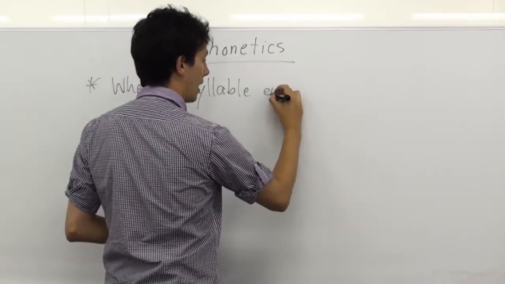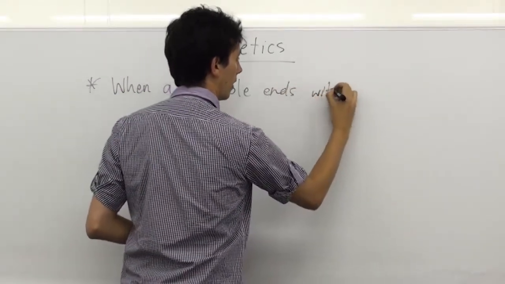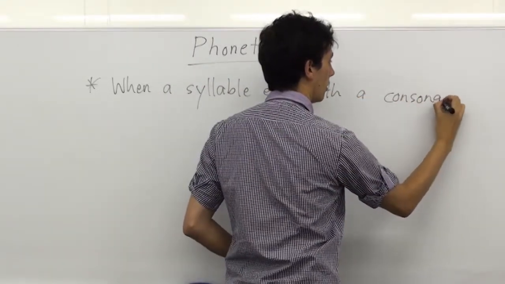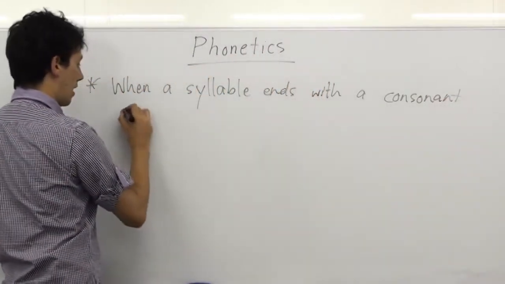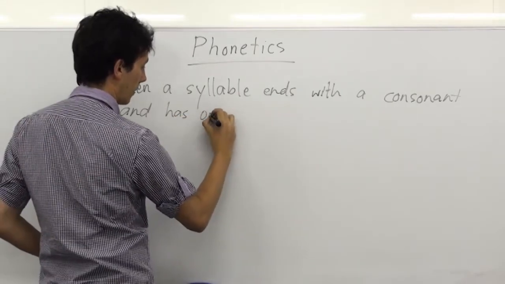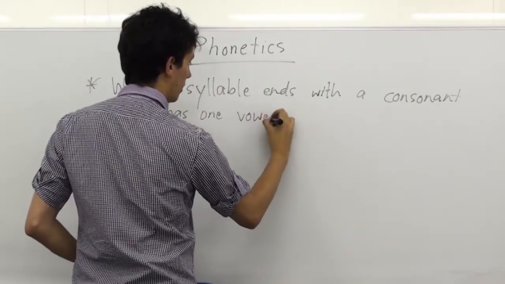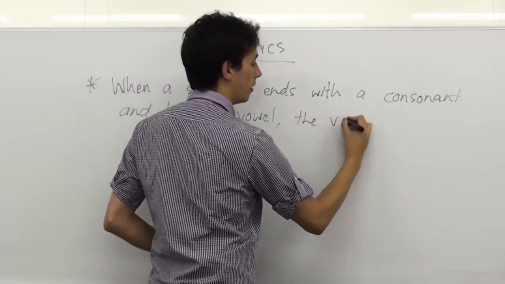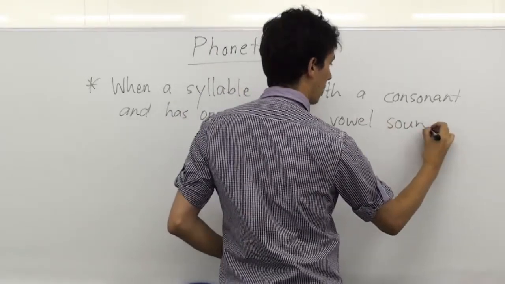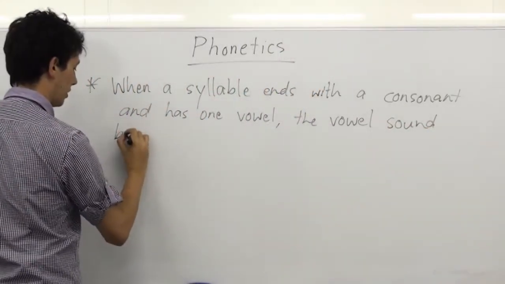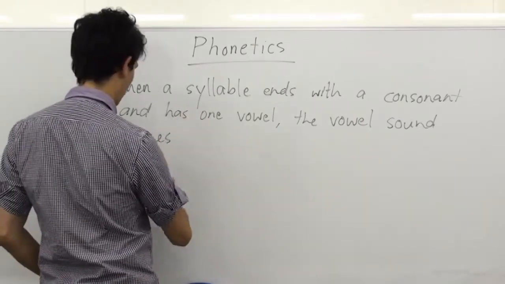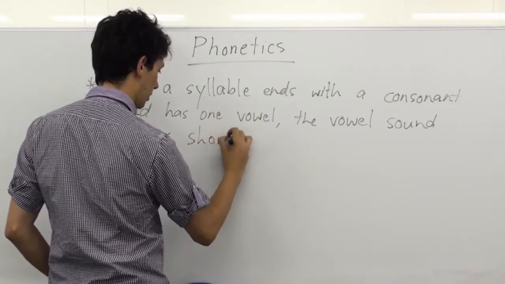When a syllable ends with a consonant and has just one vowel, the vowel sound becomes short. See, this is quite a long one. That's why I wrote out the ones before. Becomes short.